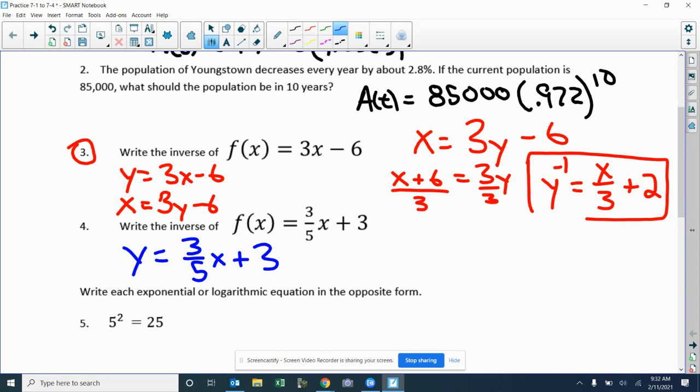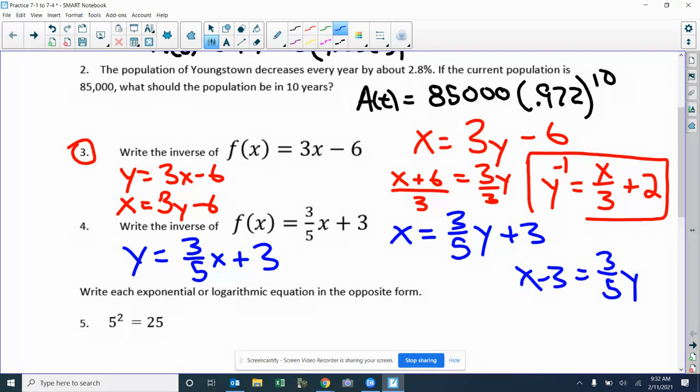So here's our equation, we gotta rewrite. This is gonna be x equals 3/5 y plus 3. Take the 3 over, you're gonna have x minus 3 equals 3/5 y. We're solving for y. We're really doing the same thing, I just didn't change the letters.